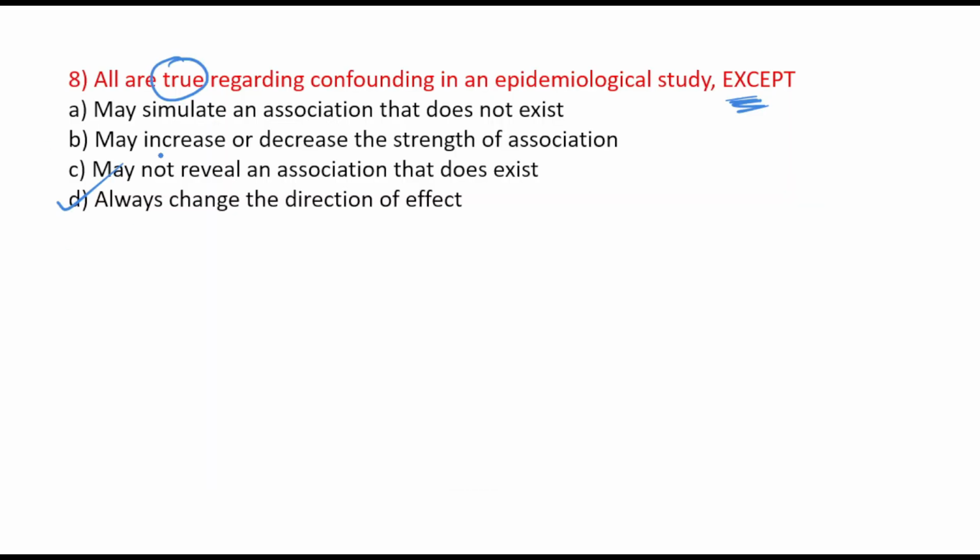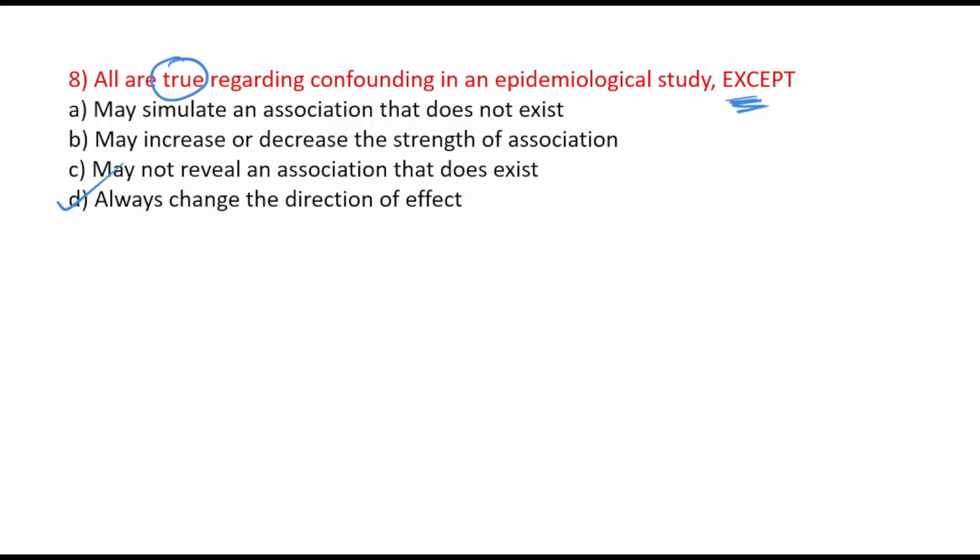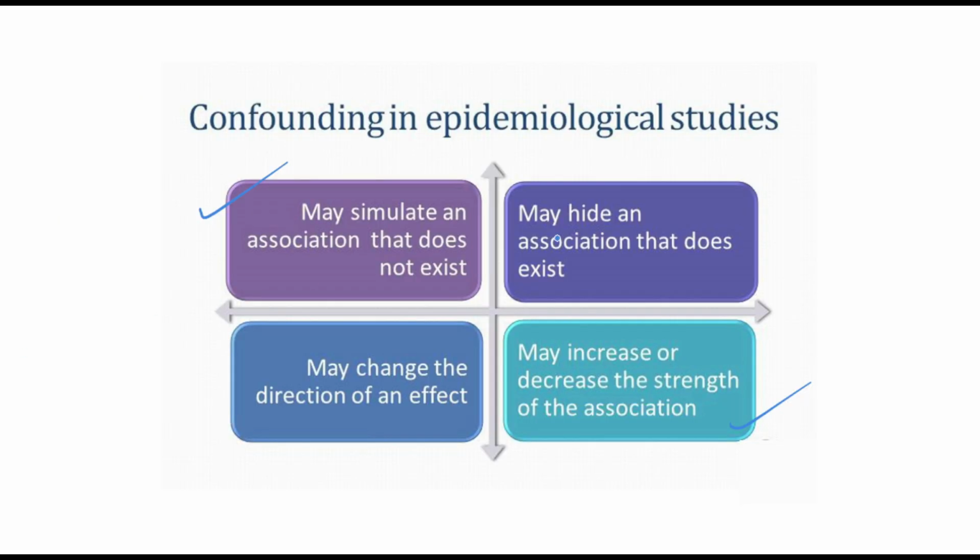The second statement: it may increase or decrease the strength of association. It is given over here, so even this statement is correct. The third statement: may not reveal an association that does exist. See, it may hide an association that does exist. So even this is present.